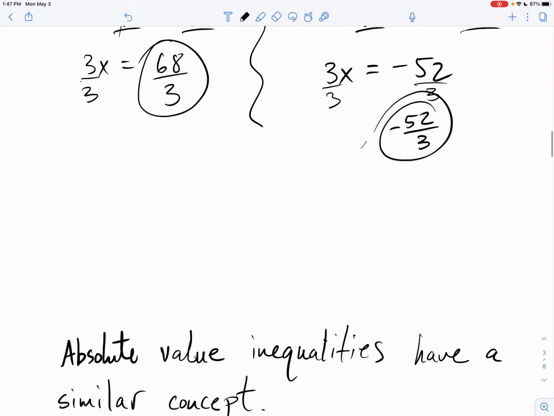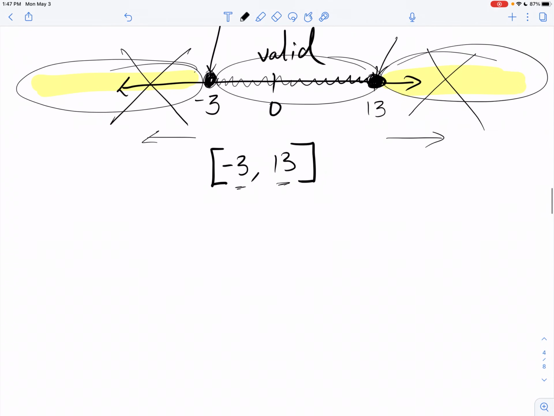So guess what? This is what it would have looked like. I'm going to just take all the noise away. There's 0. There's negative 3. There's 13. I would color in that circle. I would color in that circle. And it would be everything between those 2 points. So that is the type of solution they would like.